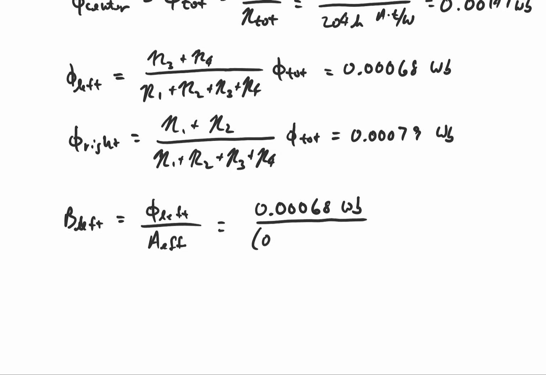We know the area is 0.07 times 0.05, and we need to increase that by 5%. And when I do all this, I get 0.185 Tesla.